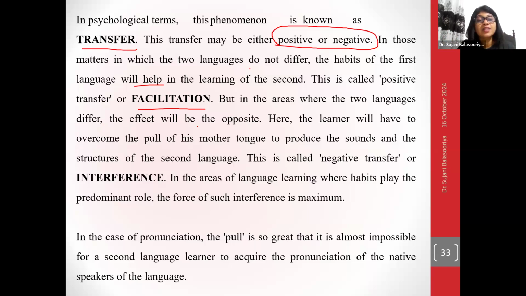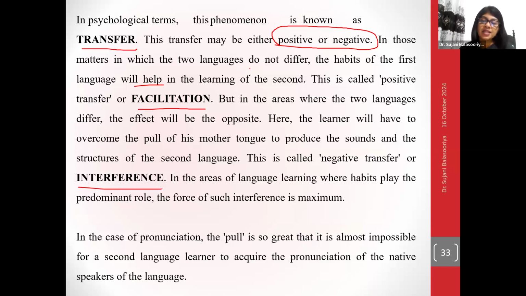When there are considerable differences in the structures of both languages, the effect will be opposite. That means the learner will have to overcome the pull of his mother tongue to produce the sounds and the structures of the second language. And this is called negative transfer. In one word, interference, right?